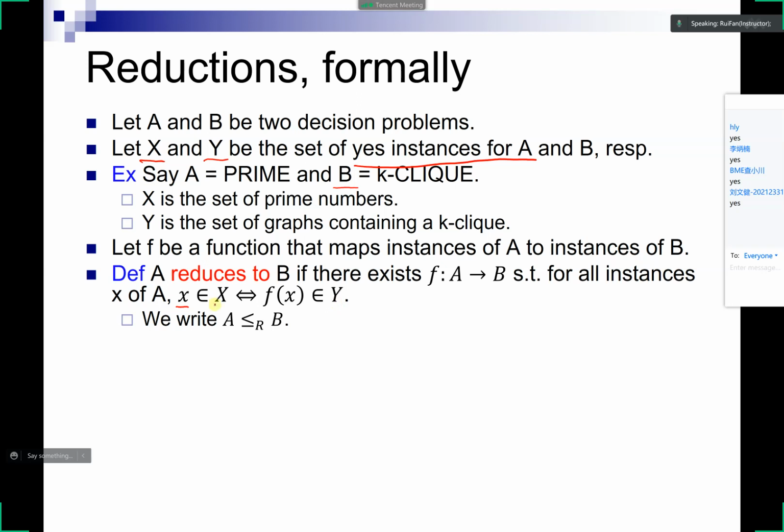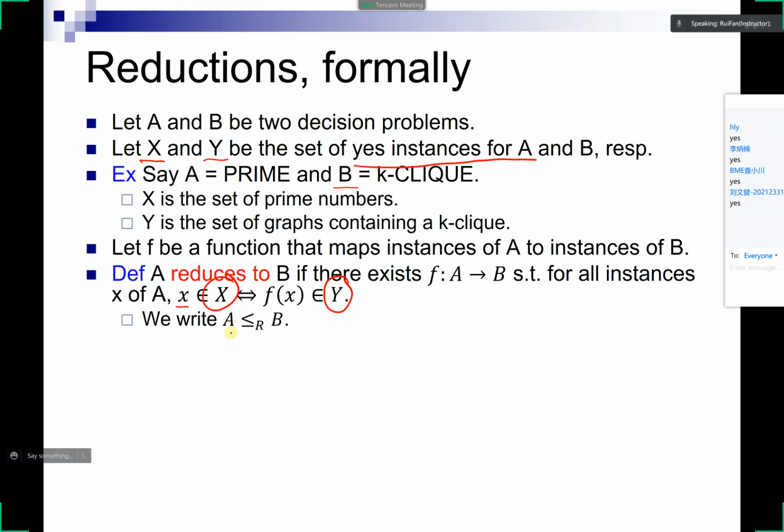If you have a yes instance of A, then f of x is a yes instance for B. And this is an if and only if condition. So if you have a no instance of A, then f of x is a no instance of B. The yes instances of A exactly map to the yes instances of B.